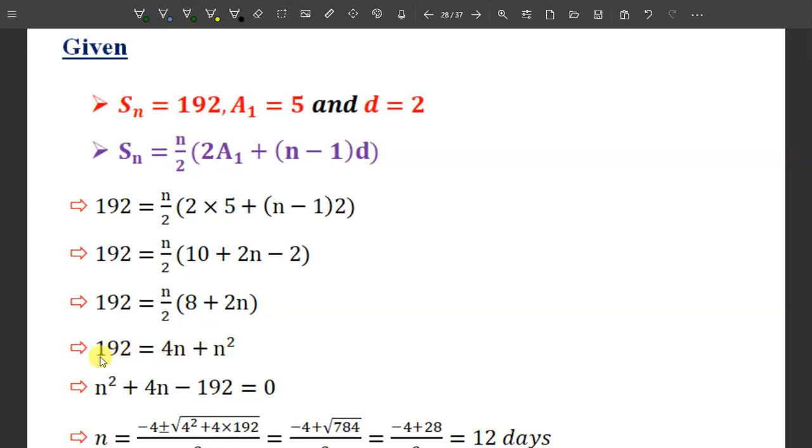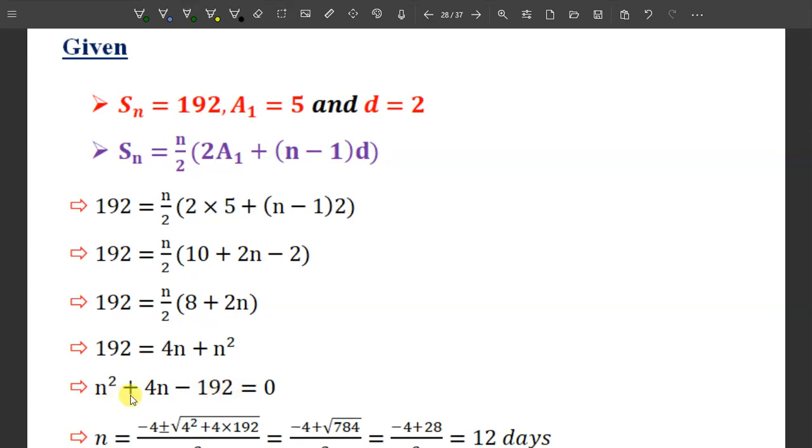Therefore, the expression becomes 192 is equal to 4n plus n squared. It becomes a quadratic equation. Move 192 to the right, it becomes minus 192.